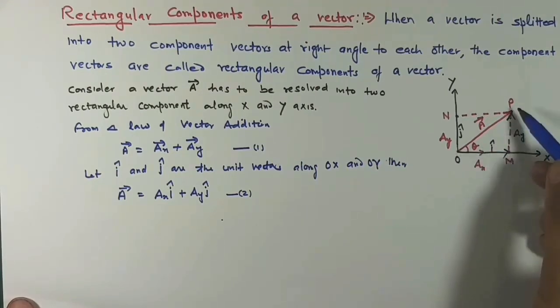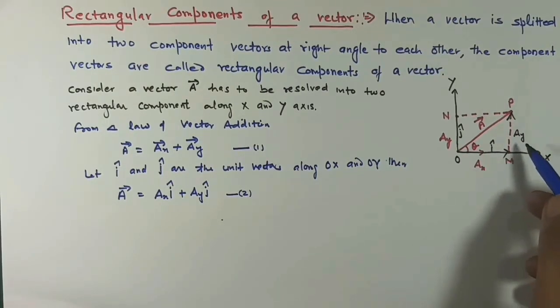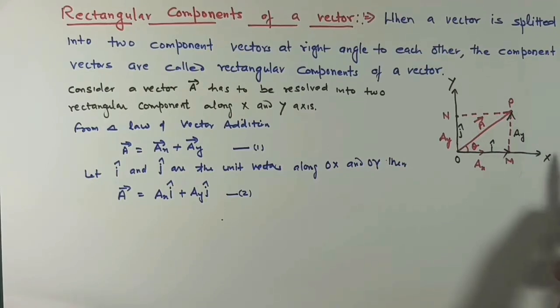OMP, it's a right angle triangle here, right? So we have to find out the value of AX and AY by using these right angle triangles.